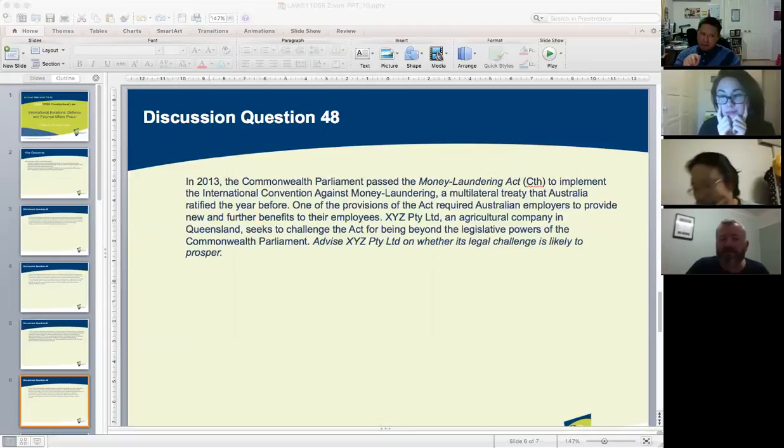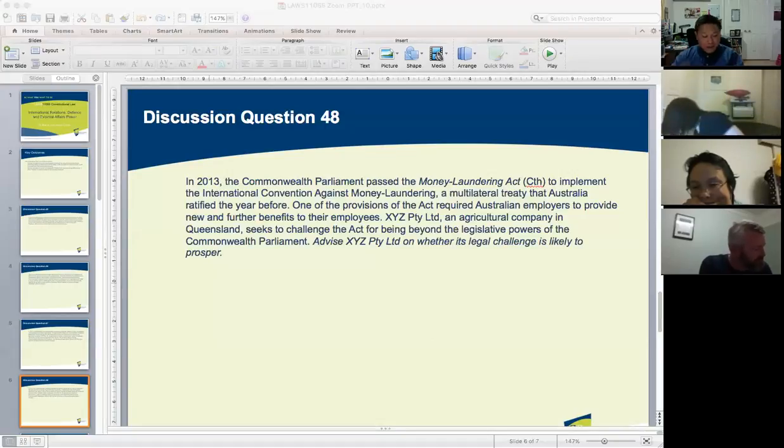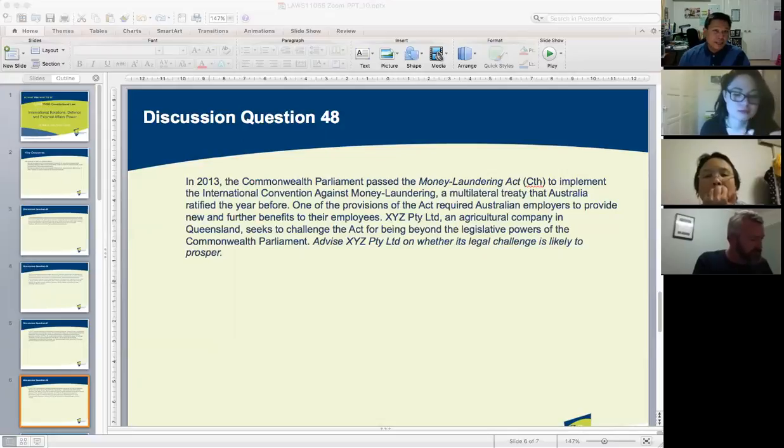We just have to remember that the High Court is really unlikely to shoot down a Commonwealth Parliament law easily. As a general rule, given the Engineers case, the High Court will validate a law for as long as there is a head of power on which the Commonwealth Parliament can base its legislation.